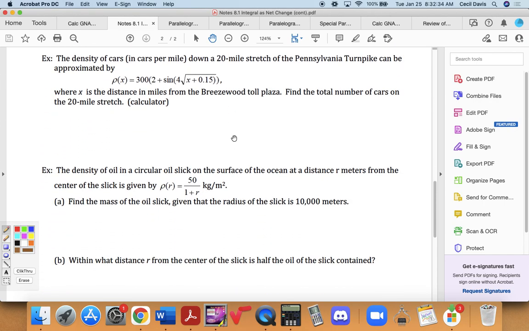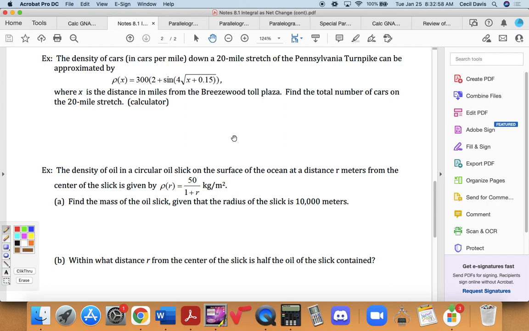So the density of cars in cars per mile down a 20-mile stretch of the Pennsylvania Turnpike can be approximated by, I'm trying to remember what letter that is. I think that's a rho. Anybody up on their Greek letters? I used to be.